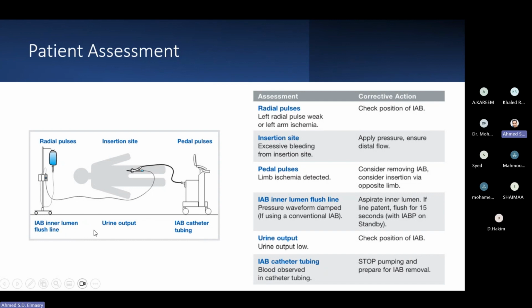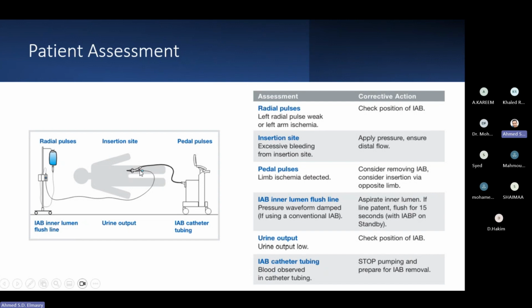And also you need to assess the urine output, because the intra-aortic balloon might migrate downward and occlude the blood supply to the renal arteries, and you might have renal shutdown. That's why you need to assess the urine output.